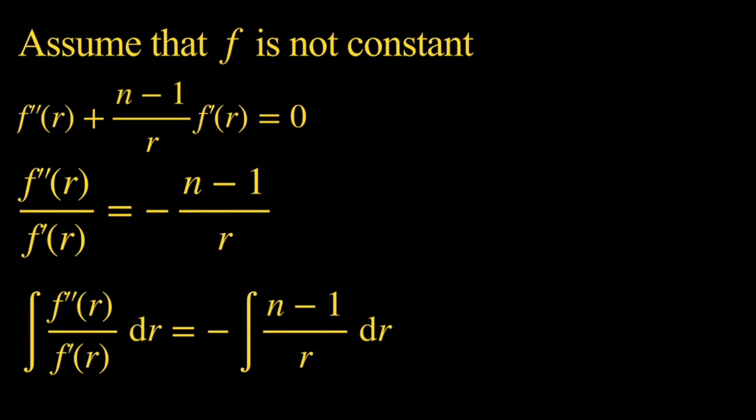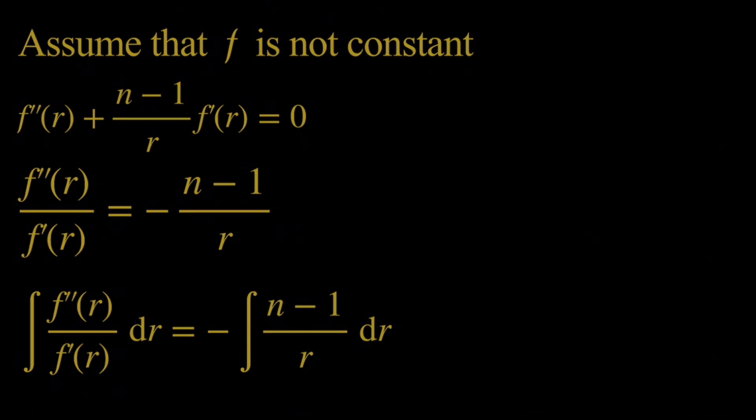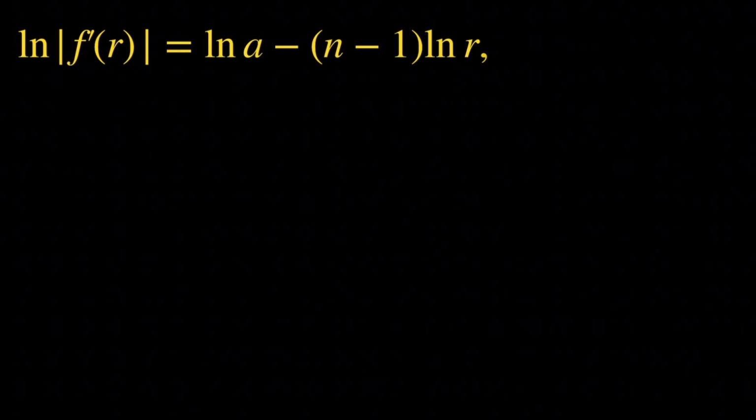As we integrate, on the left hand side we're going to get a logarithm. On the right hand side we're also going to get a logarithm. Okay, so we're going to get the logarithm of the absolute value of f prime of r equals the logarithm of a minus n minus 1 logarithm of r. And here we can assume that a is greater than 0.